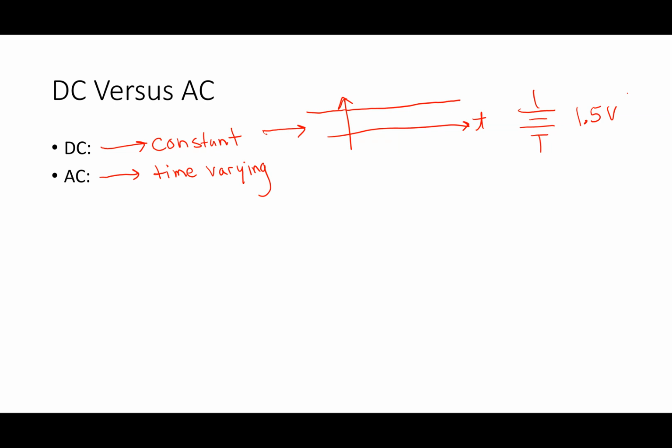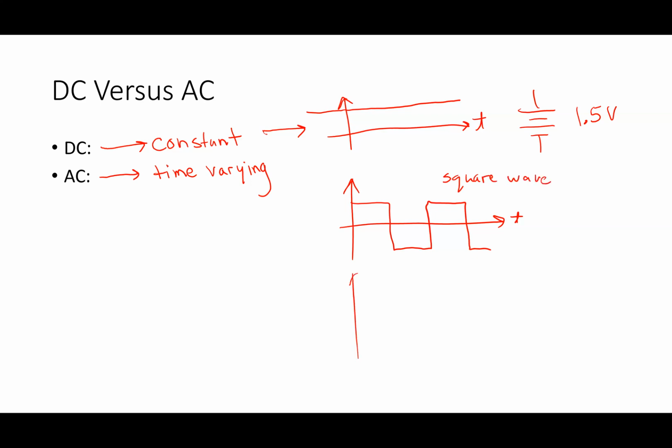Now, AC means it changes as a function of time. That means it could be something like this. What would you call that waveform? A square wave. That's a pretty common type of waveform.